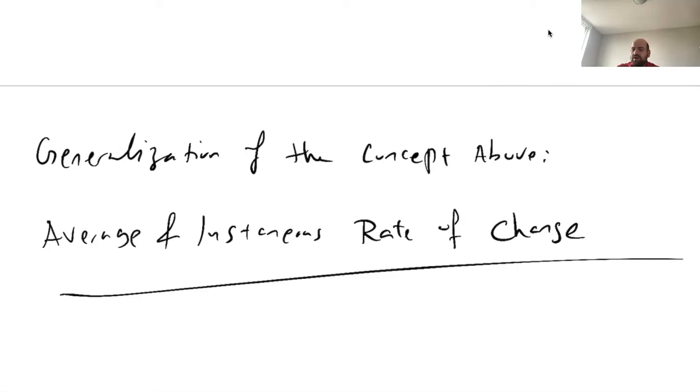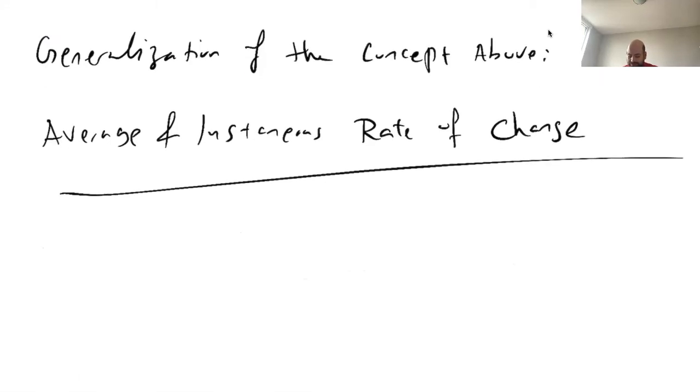For example, let's say P of x could be the profit of a company. Then we don't have velocity in that case, but still we can talk about average rate of change of profit or instantaneous rate of change of profit, right? So this concept can be applied in other areas.